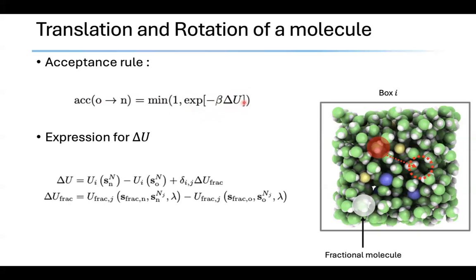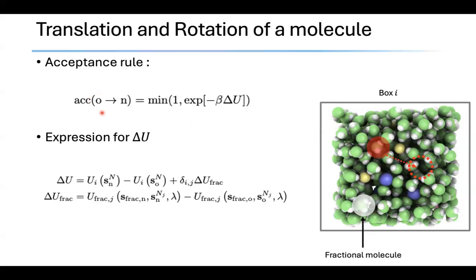If this number were less than 0.1 or 0.01 and so on, it would mean that the new state will be accepted with a very, very low probability. Thus, the translation of a molecule is accepted using this acceptance rule.